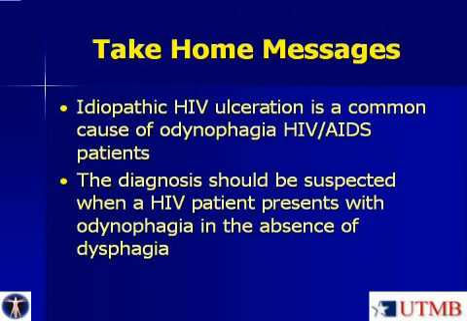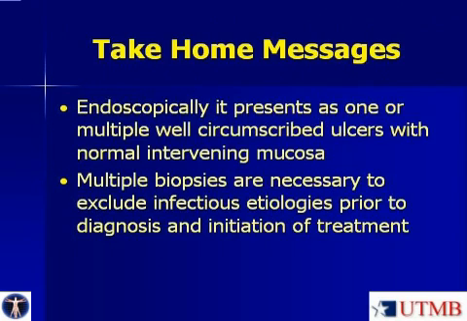The diagnosis of idiopathic HIV ulcer should be suspected when an HIV patient presents with odynophagia in the absence of dysphagia. Endoscopically, idiopathic HIV ulcers present as one or multiple well-circumscribed ulcers with normal intervening mucosa.